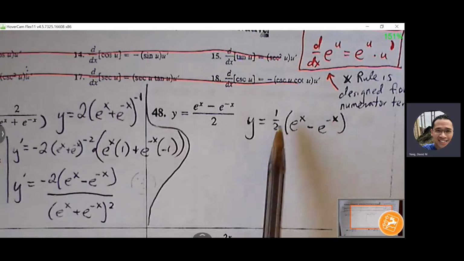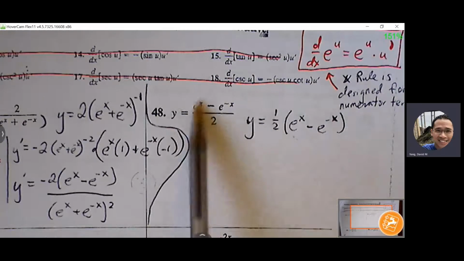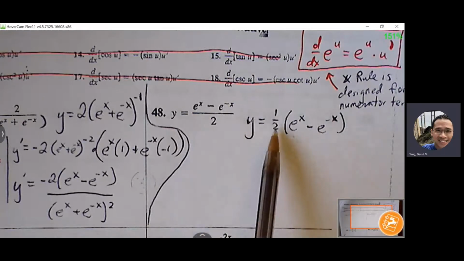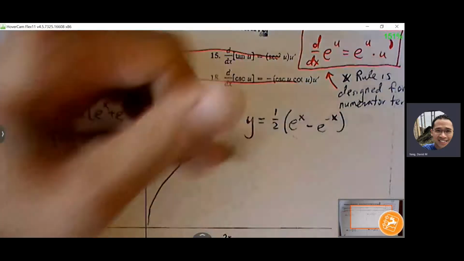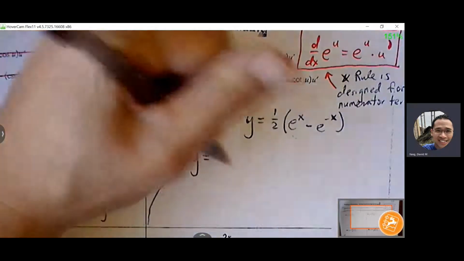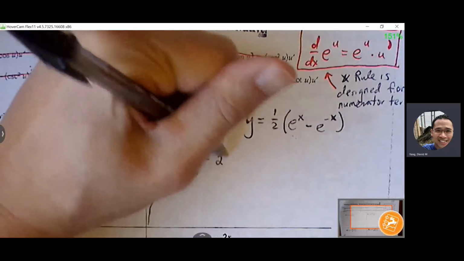Okay, so this is a lot less intimidating than this, right? We don't want to look at it in this form. So I can distribute the 1/2 through, and it's going to feel like a much easier problem than what's presented.